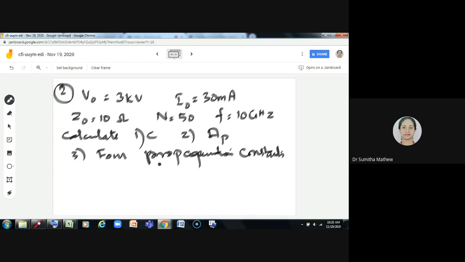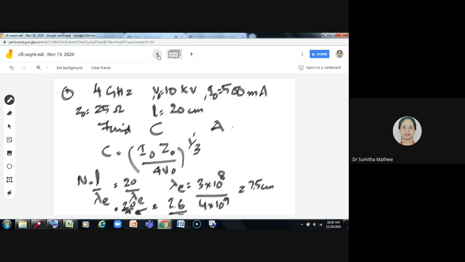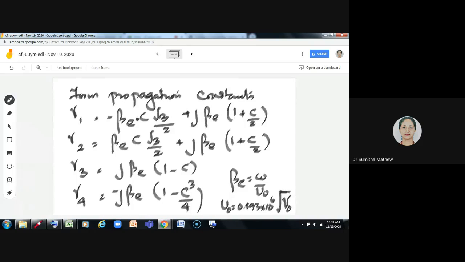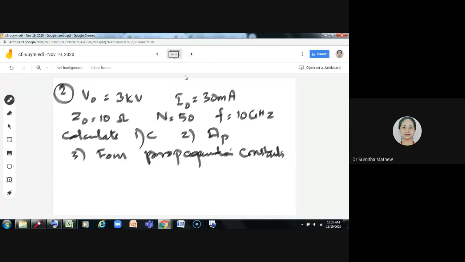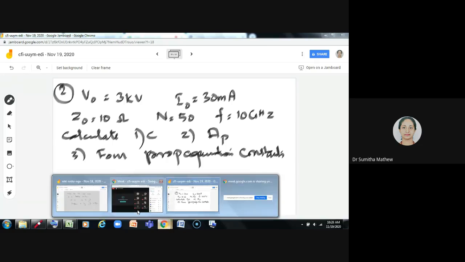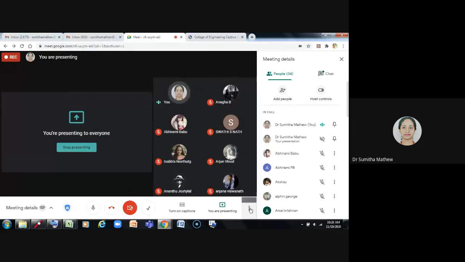For finding out the 4 propagation constants, you have to apply this formula. Which one? Here. So calculate that also. Find out the answers. I am leaving it to you as homework. Please do this question. So with that, our TWT portion is over.